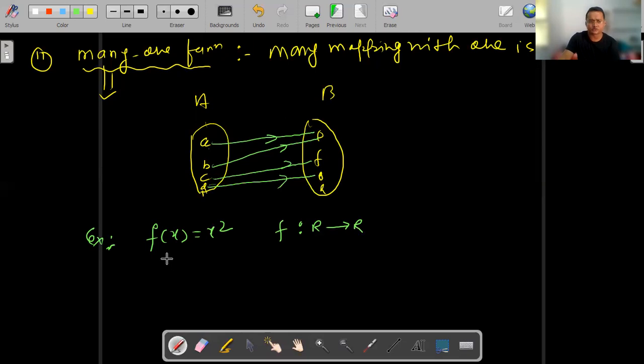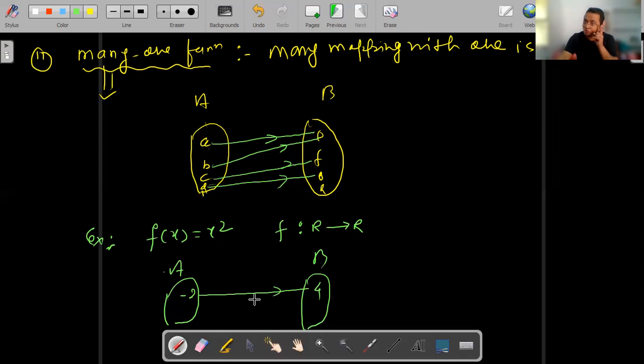This is set A, and this is set B. If you put -2 in the function, then what will you get? You will get only 4, means -2 is mapped with 4. And if you put +2, then you will also get 4 only. Getting this? If you put x value 2, you will get 4. X value -2, you will get 4 only, right?